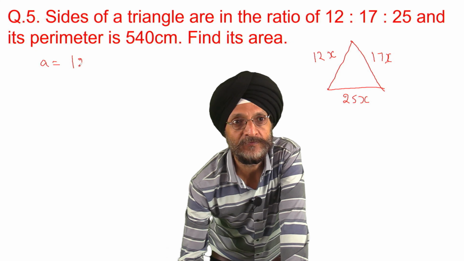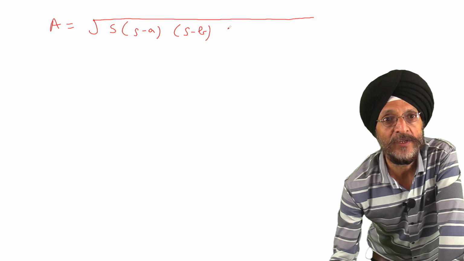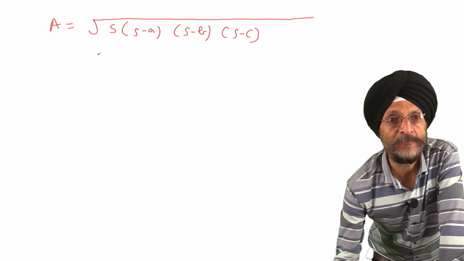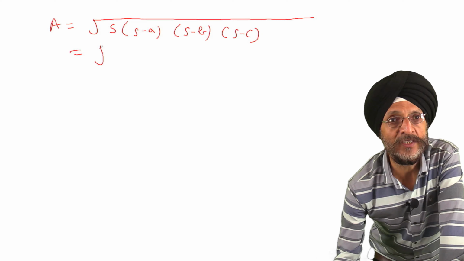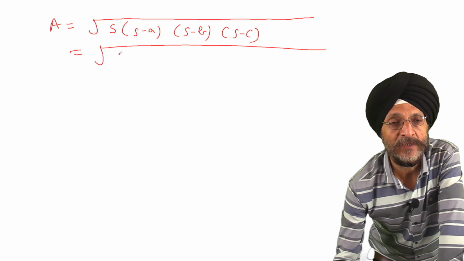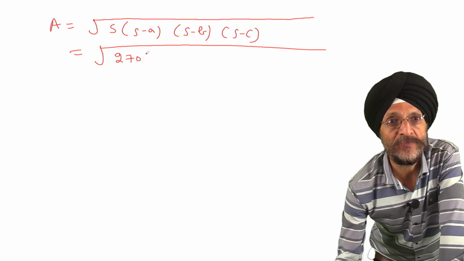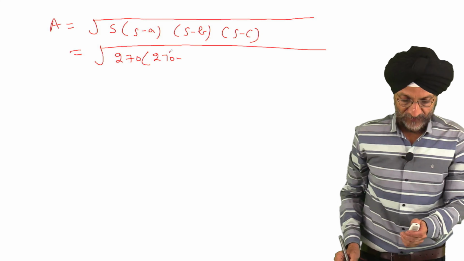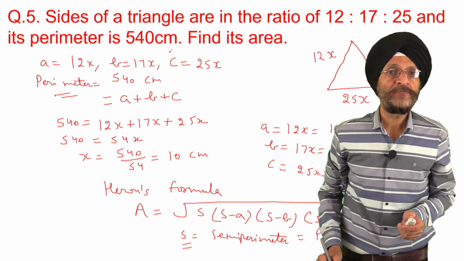So now we will again write the formula. S minus A, S minus B into S minus C. So what is the value of semi perimeter? It is 270. 270 minus A. What is the value of A?